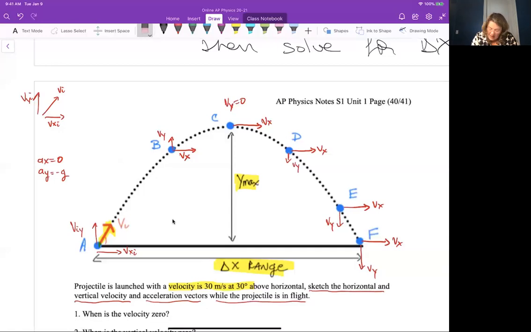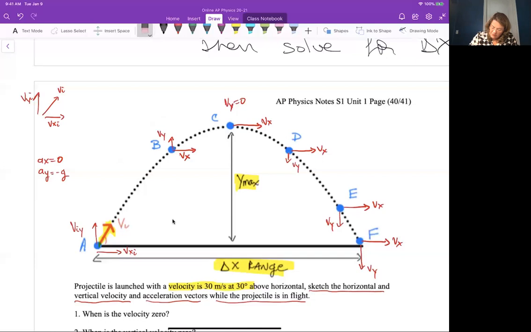Anyway, point is, that velocity vector at the end, at f, is exactly the same magnitude as it was at the beginning, except in the opposite direction. And why is that? Well, because the acceleration had a certain amount of time to slow it down to 0, and then had the exact same amount of time to speed it up again, because it's a parabola and it's symmetrical.